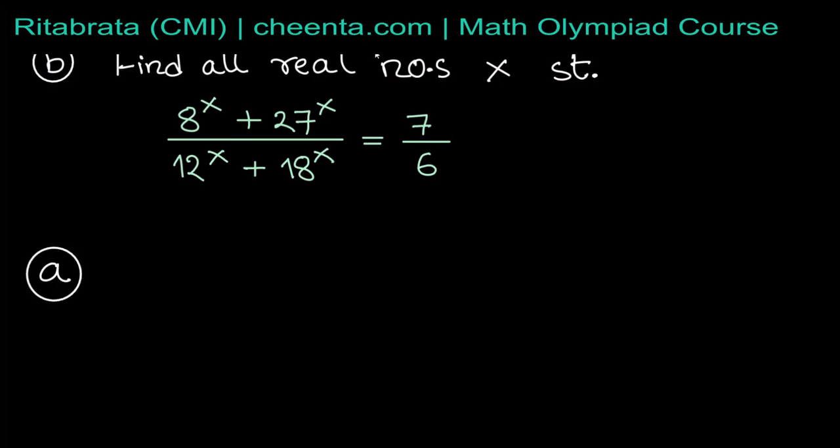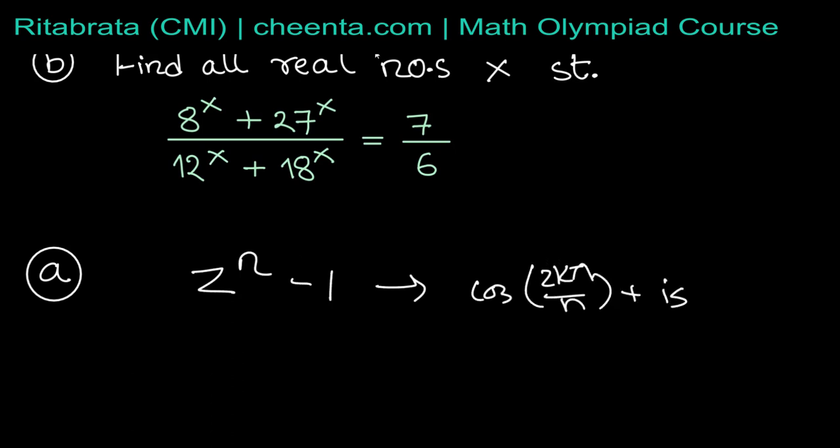For the first question, I know that all roots of z to the power n minus 1 look like cos 2k pi by n plus i sin 2k pi by n, where k runs from 0 to n minus 1.